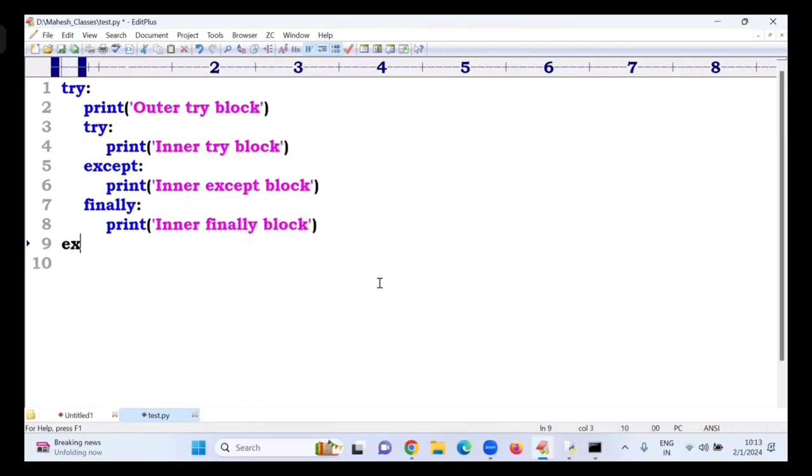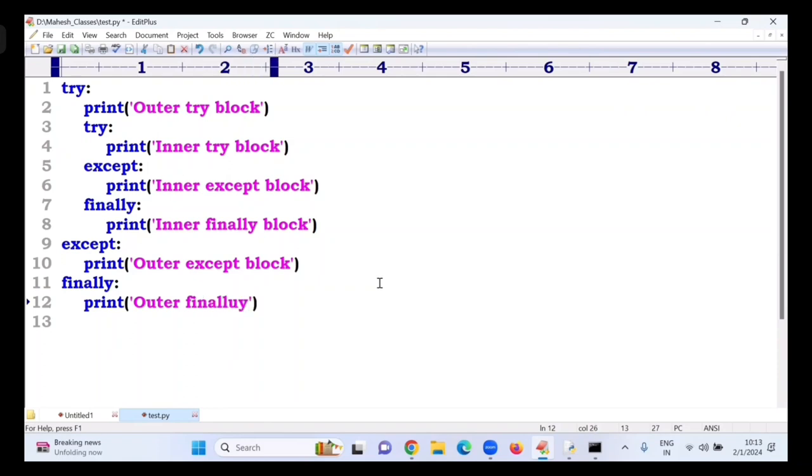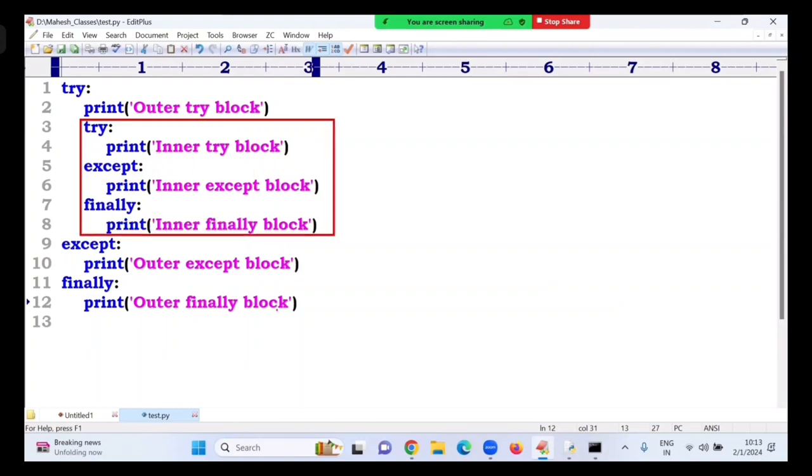Okay, come outside. So this is the code. In this total code, this total thing is inner blocks only. This is called outer try, outer except, outer finally.